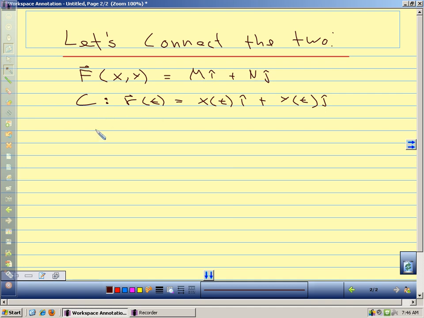So F dot r prime, which is part of our integrand when we do a line integral of a vector field, turns out to be M times dx dt plus N times dy dt.